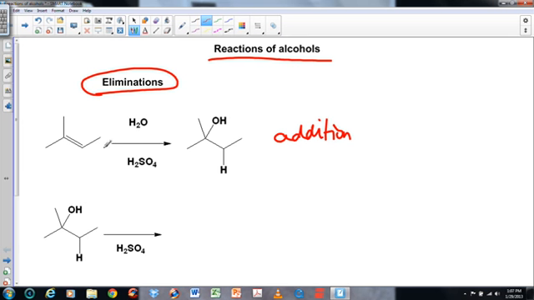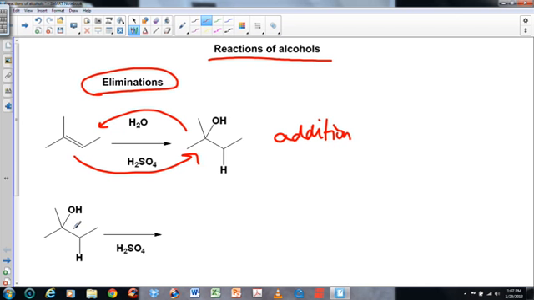So if you go from an addition reaction from an alkene to an alcohol, then in an alcohol, if you put this sulfuric acid in, the opposite reaction can happen. You can take this and go back to here. If the reaction this way was an addition, the reaction this way is going to be an elimination. And that's exactly what can happen here.